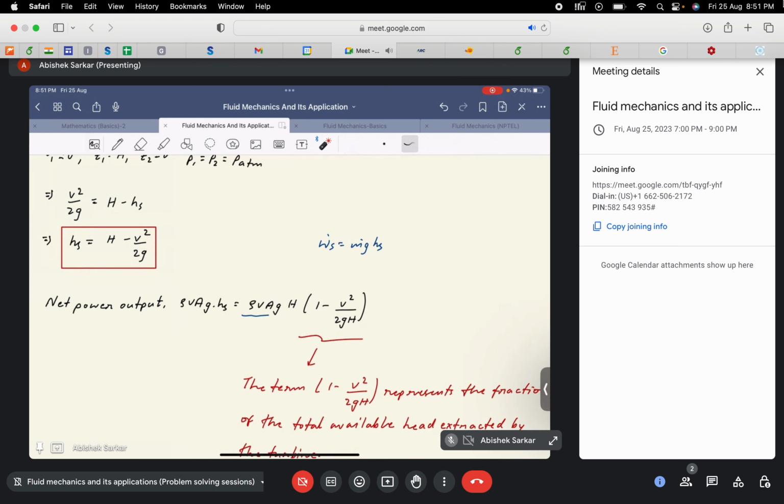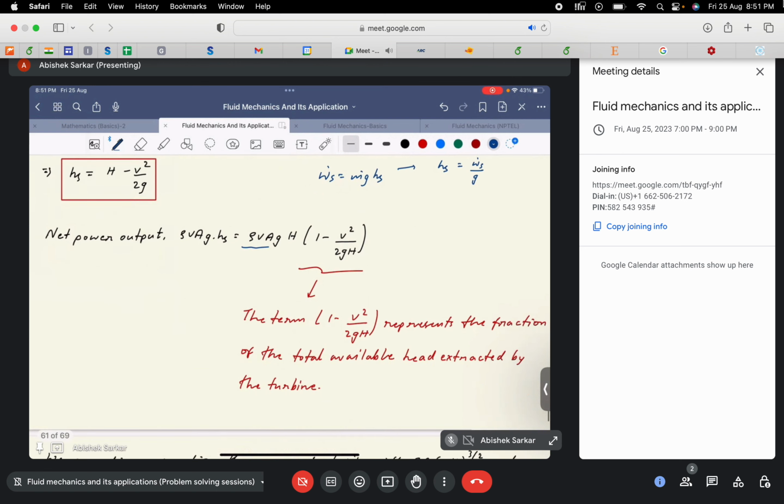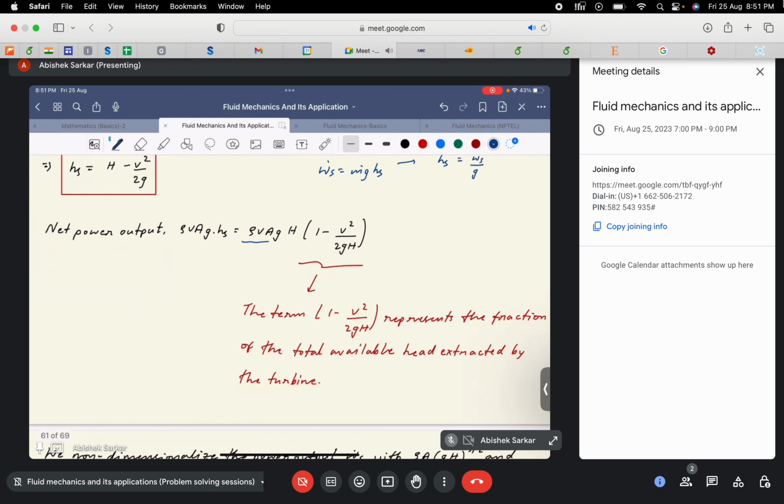So here just to make sure, I'll write it, hs is equal to small w dot s by g. I guess I mentioned it in the session, and this was also mentioned by Professor Gupta, so just check it, okay.